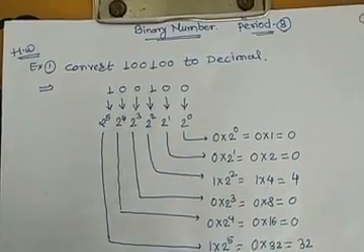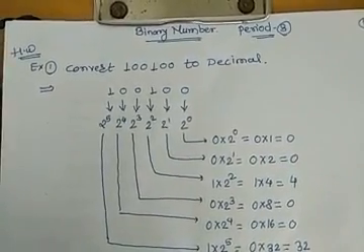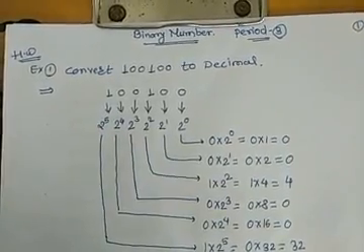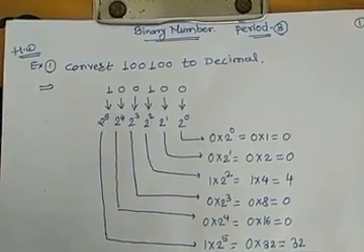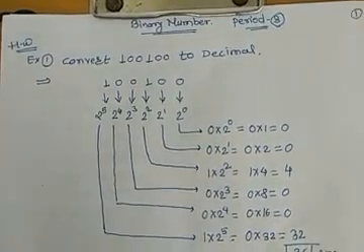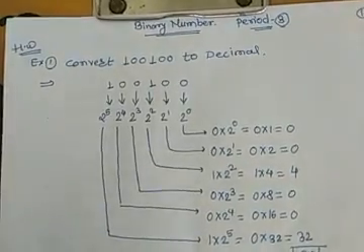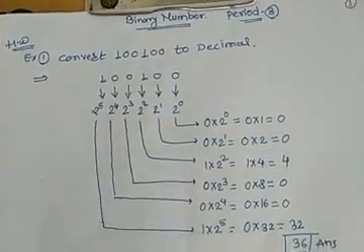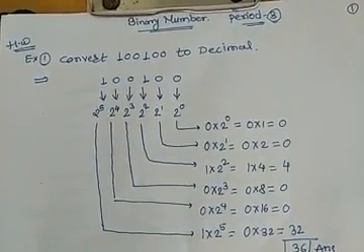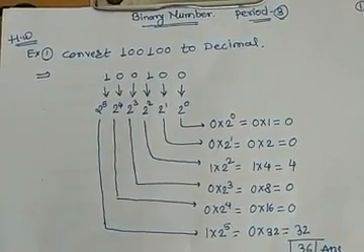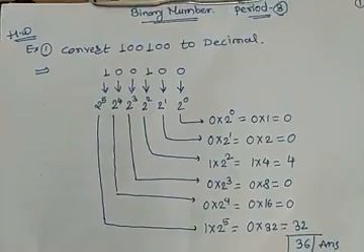Hi everybody, today we are going to study binary numbers, which will be our last lecture on binary numbers. In the previous period, I gave some examples, in which the first example was convert 100 to decimal.